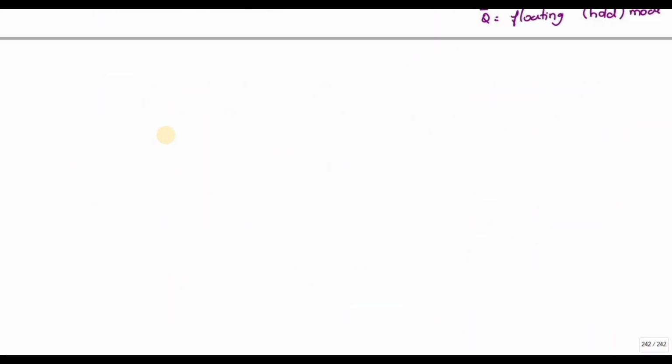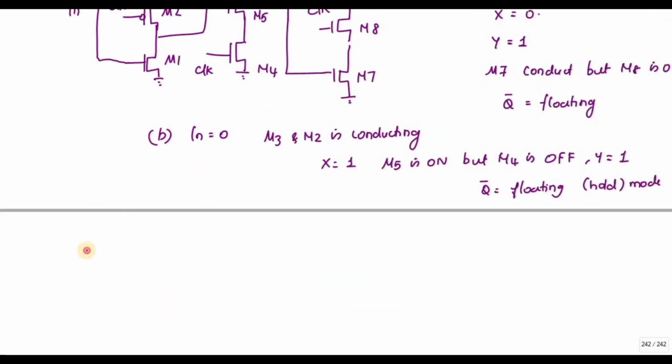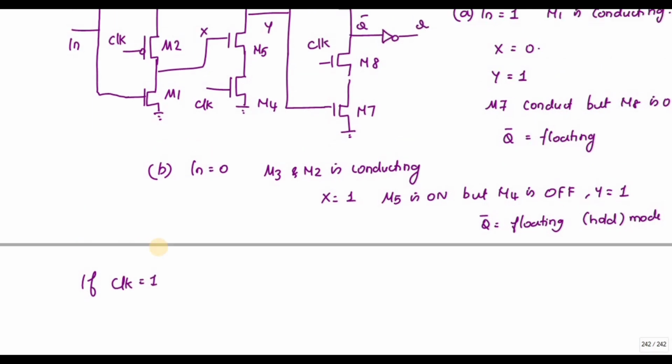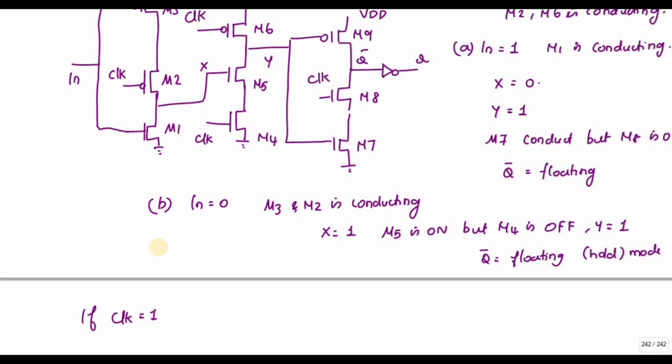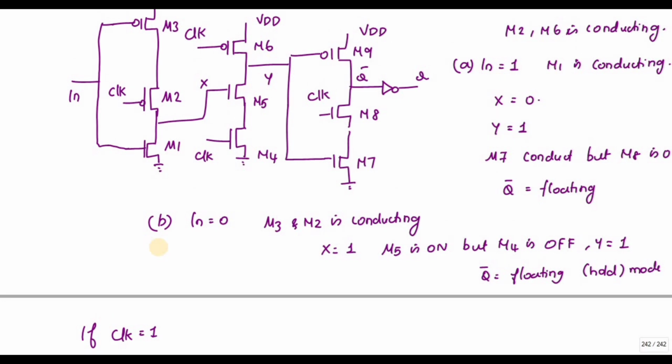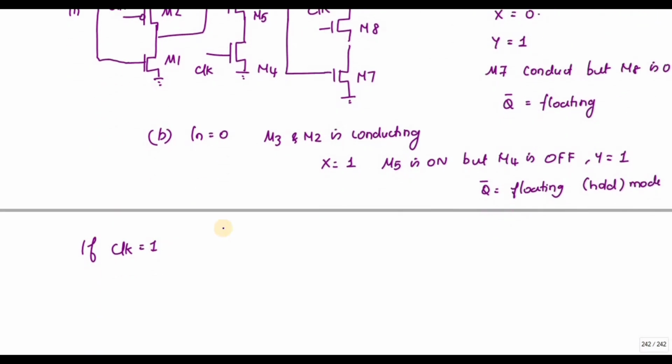Next I'm going to give clock equal to 1. If clock is equal to 1, M4 and M8 will conduct. M4 and M8 are on.